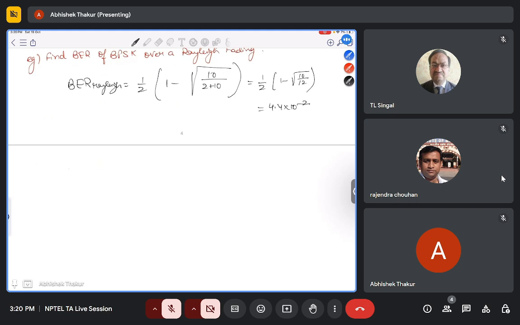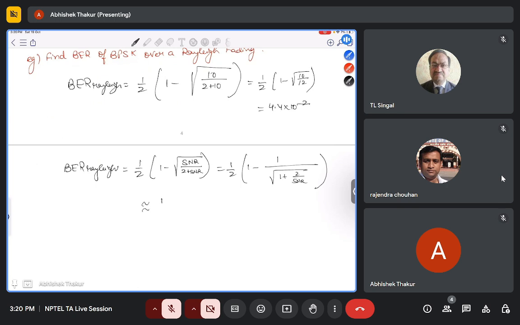And this bit error rate of Rayleigh can be simplified more. Like we can write this term as half into 1 minus 1 by square root of 1 plus 2 by SNR.